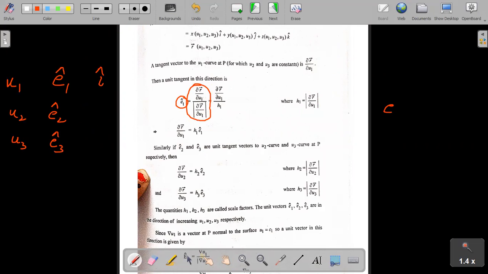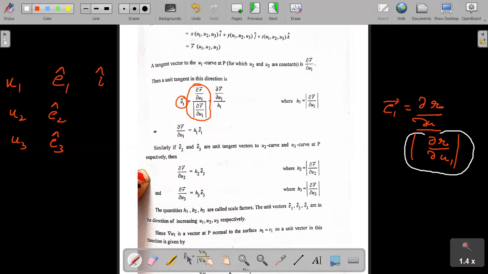So E1 cap is nothing but the position vector derivative with respect to U1 over the magnitude of this vector. And just from a naming point of view, we have called this magnitude H1. So del r by del U1 is nothing but H1 into E1 cap.